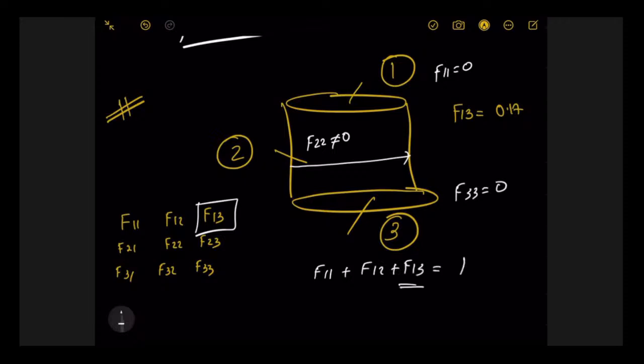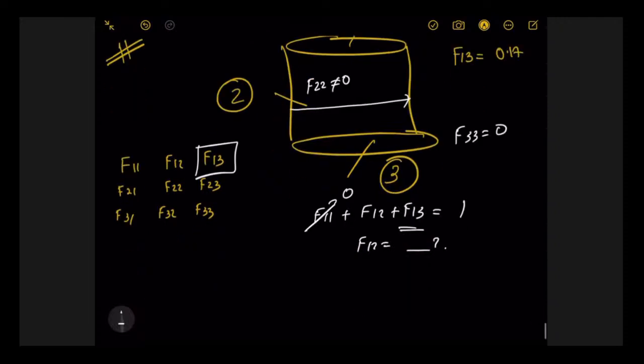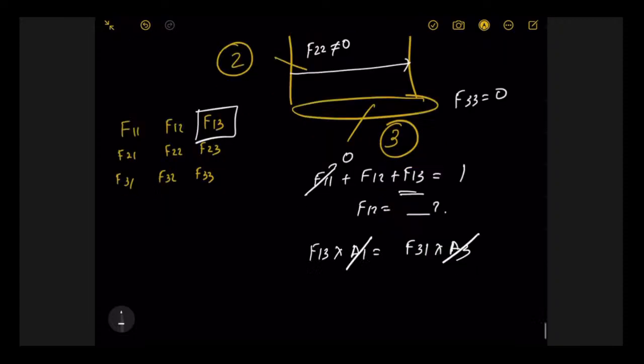You know F13, F11 is 0. You can calculate F12 easily. Now you have F13 into area of 1, F31 into area of 3. A1 and A3 are the same, so now you have the F31 value, which is equal to 0.17.